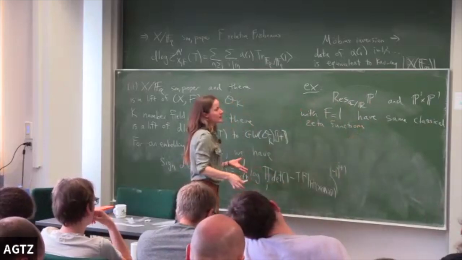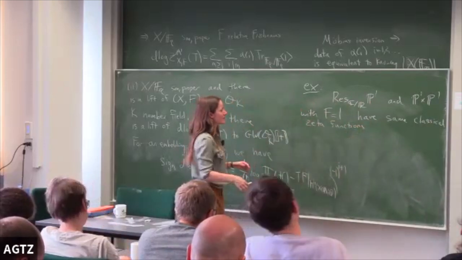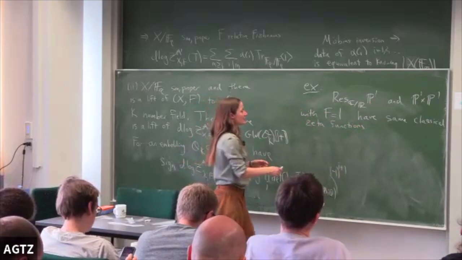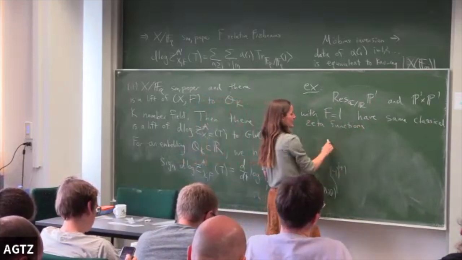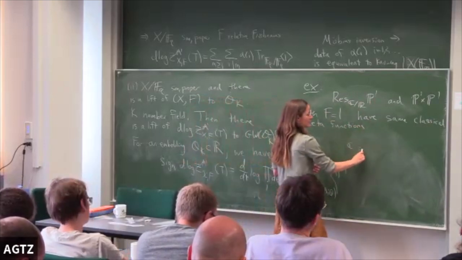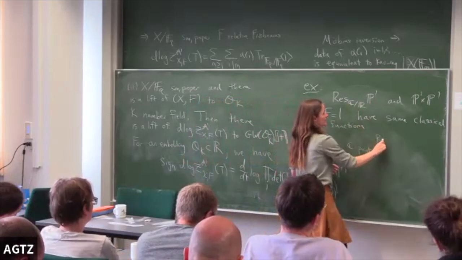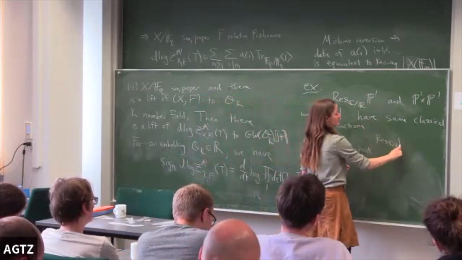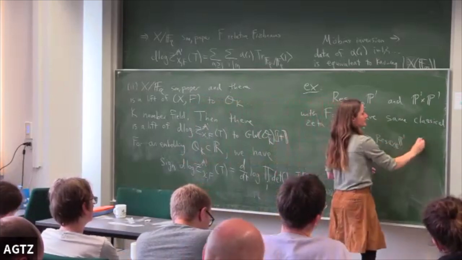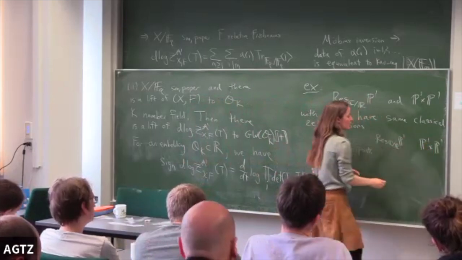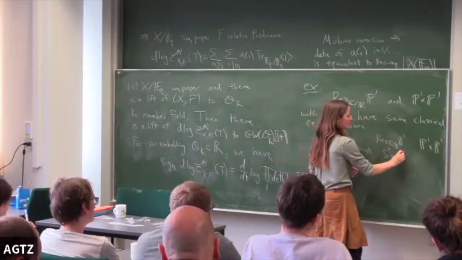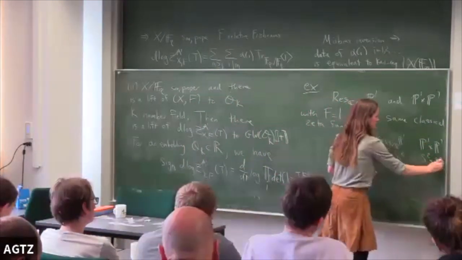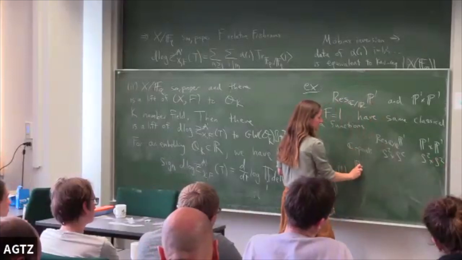Because the étale trace is picking up the Euler characteristic, and we have the C points of the restriction of scalars and the twist are both S2 cross S2, but the R points are different.